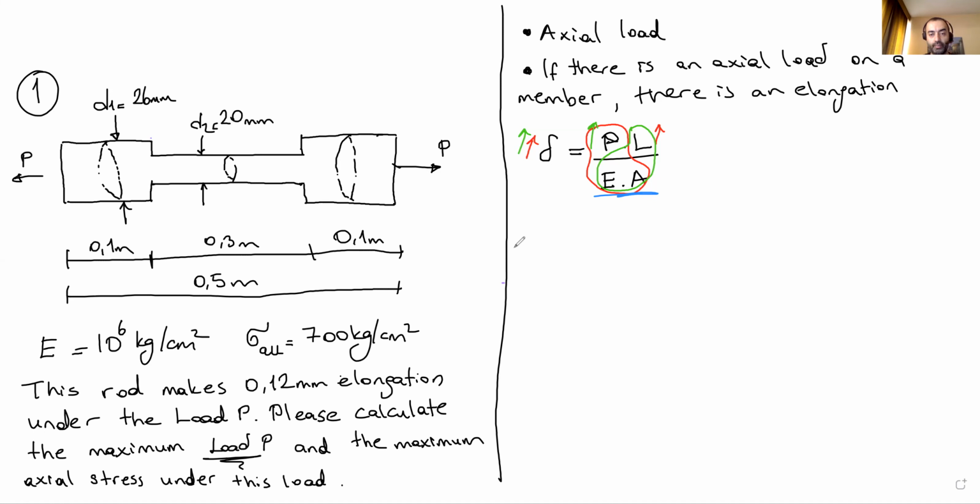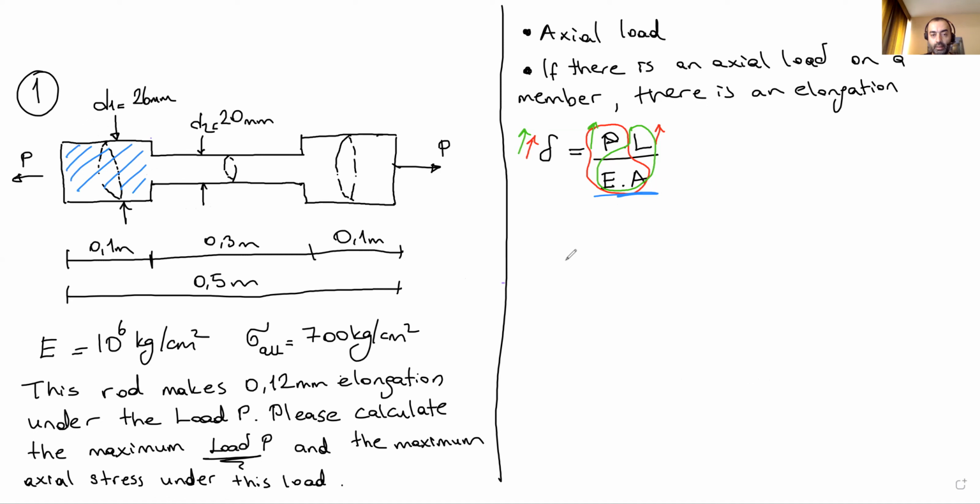Let's write the equation. The first portion. By the way, let's calculate the areas. Maybe that works for us, or directly write the equation. No worries. Let's write this portion.